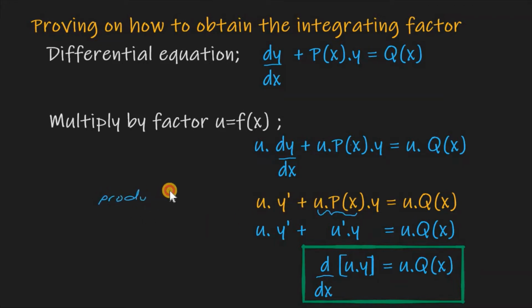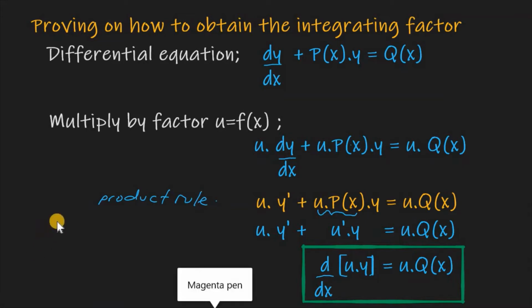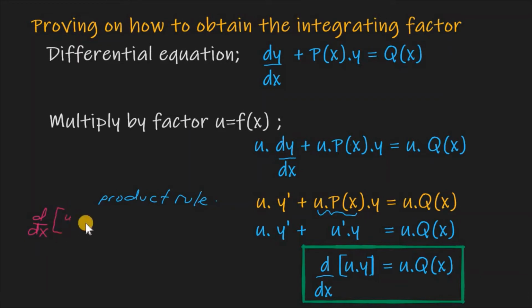A product rule is when we have the derivative of, for example, u times y. The formula of the product rule was u y prime plus y u prime, or u prime y.